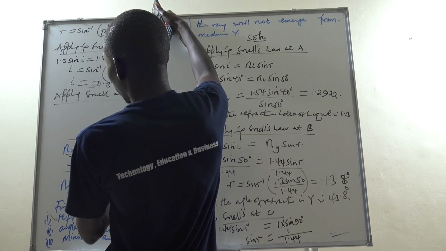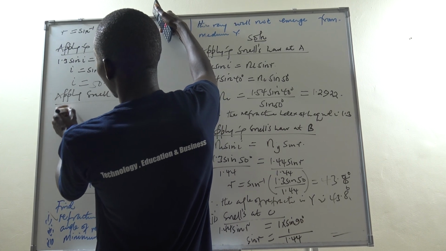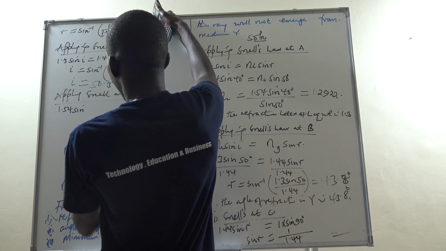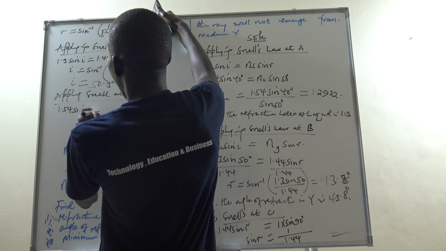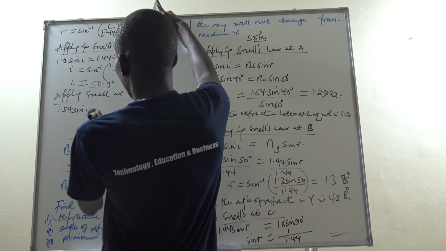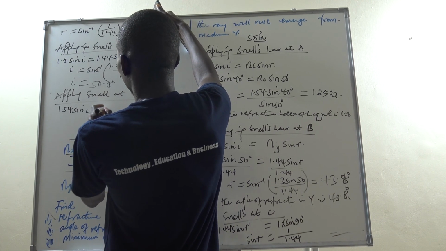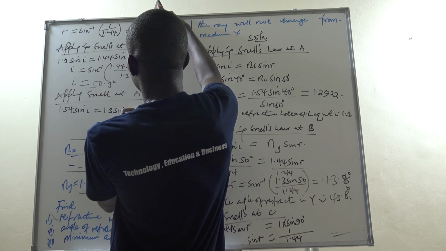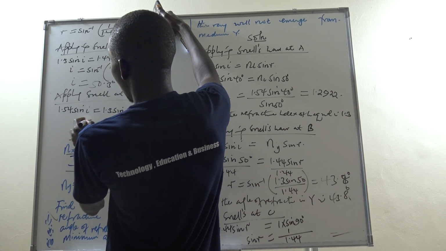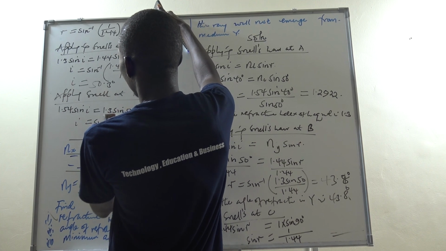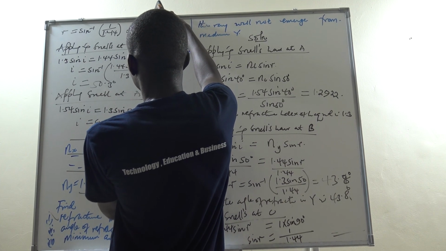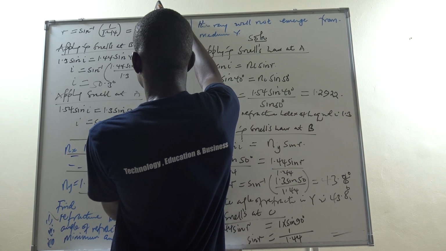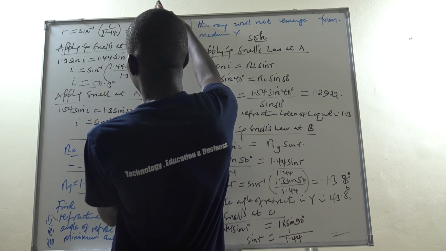So if I'm applying at A, I'll say 1.54 sine of the angle that should now be here, I, should be equal to the refractive index of the liquid 1.3, and then sine of the angle here, which is 50.3. And then I is the sine inverse of 1.3 sine 50.3 divided by 1.54.